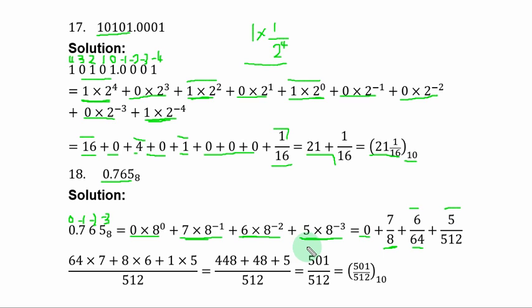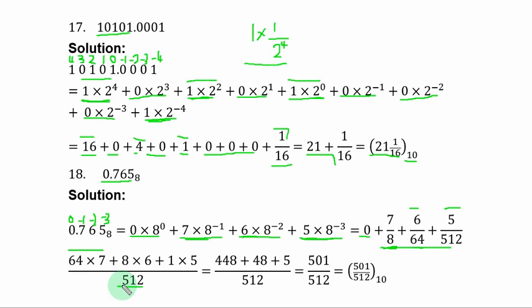You find the LCM of 8, 64, and 512, and that is 512. The rule is that you divide the LCM by each denominator, your answer times numerator. If you divide 512 by the denominator 8, you have 64 multiplied by numerator 7.